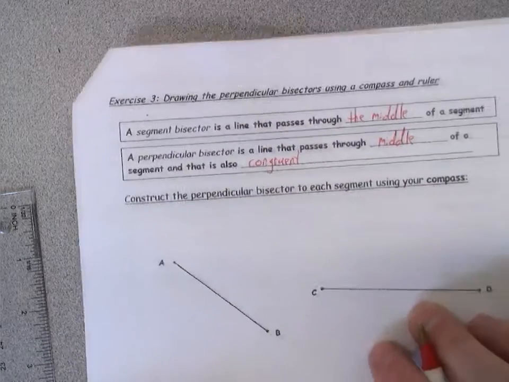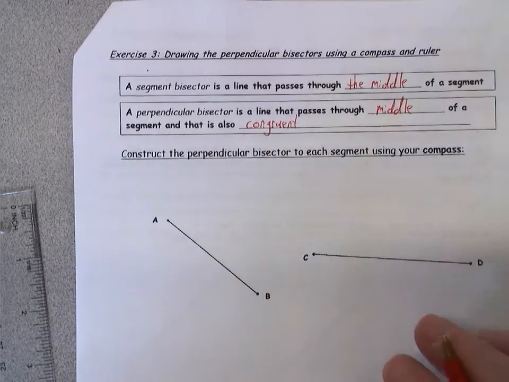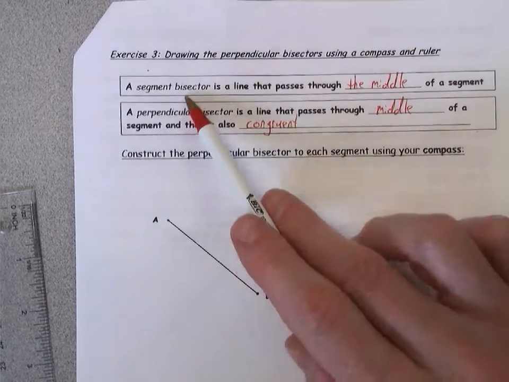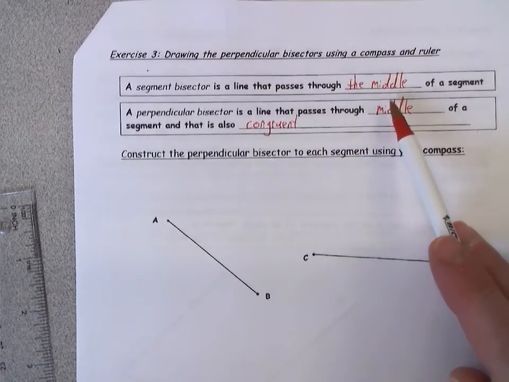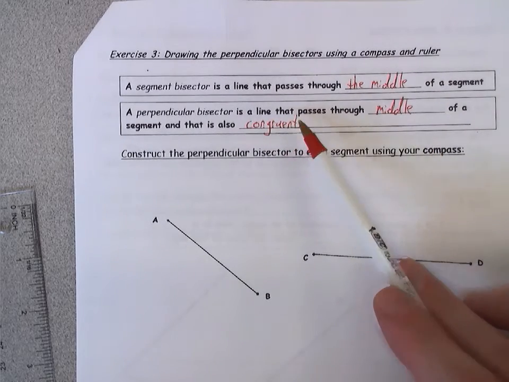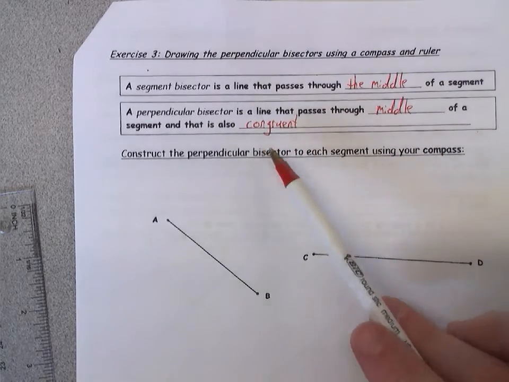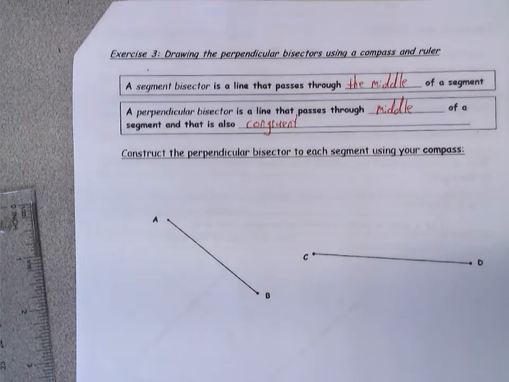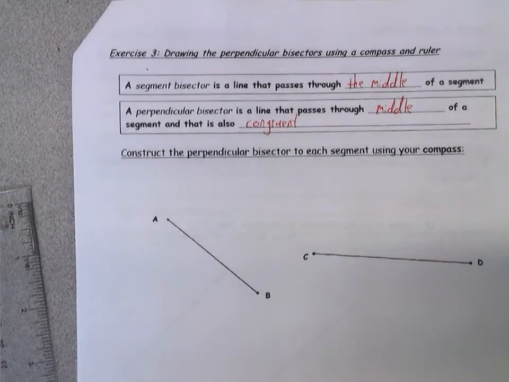Sorry, you guys can't see that there. It's at the bottom. So again, segment bisector is a line that passes through the middle of a segment, and then a perpendicular bisector is a line that passes through the middle of a segment and is also congruent. When we come back, we will look at how we can do that with these images.